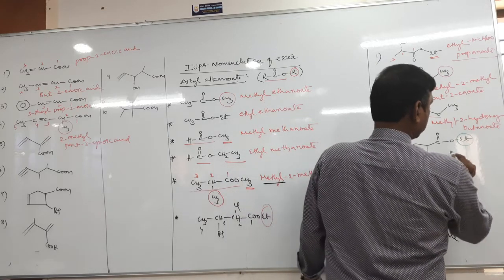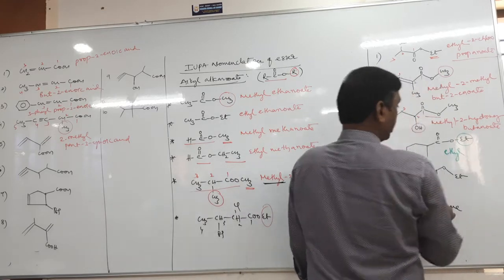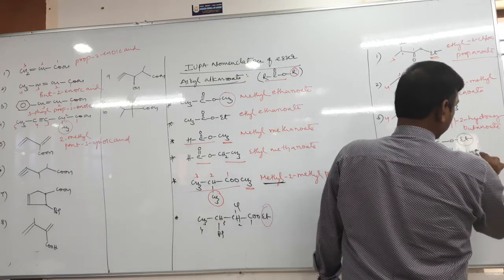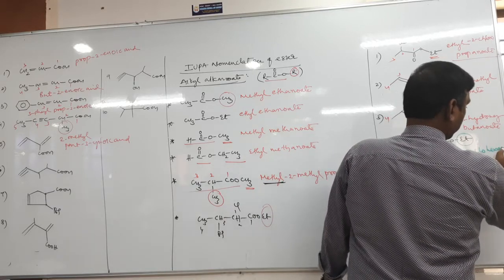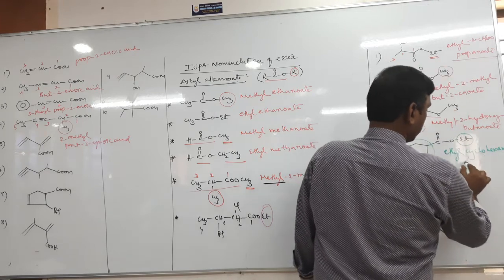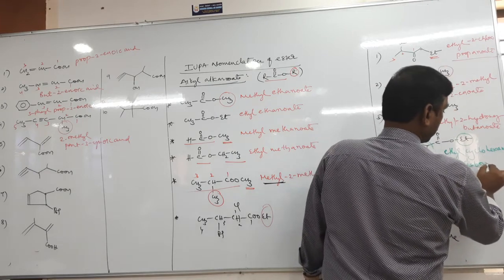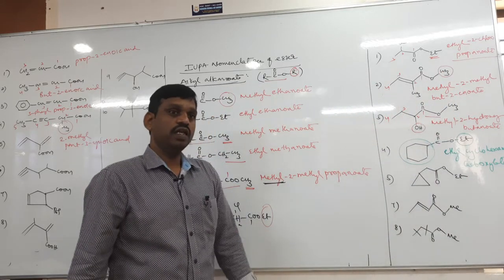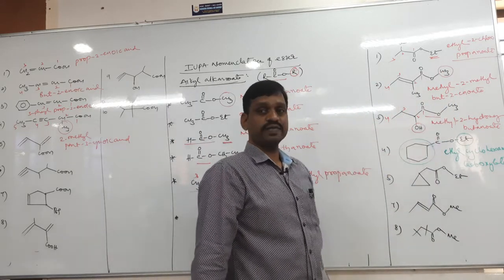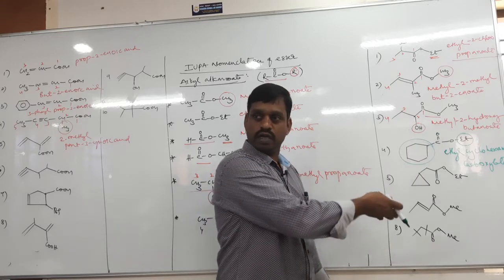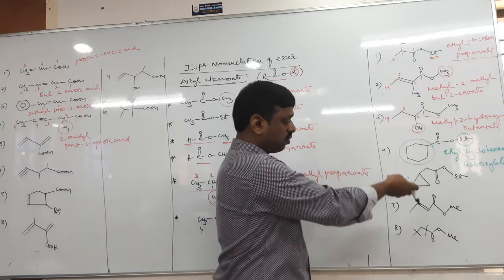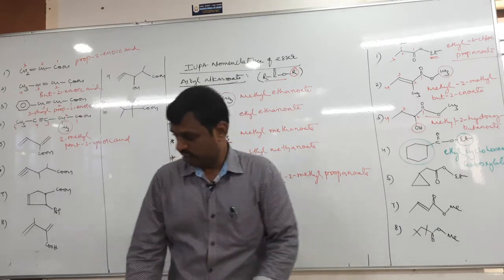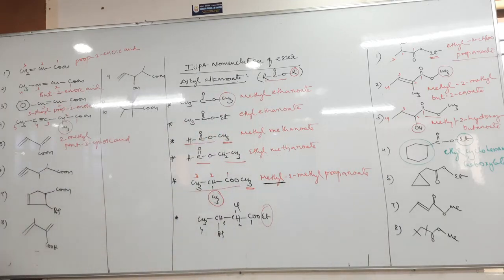Tell me, this is ethyl, this is cyclohexane carboxylate. So ethyl cyclohexane carboxylate. In the beginning of the class today, we did the same, no? Okay. So it is the IUPAC nomenclature of esters.